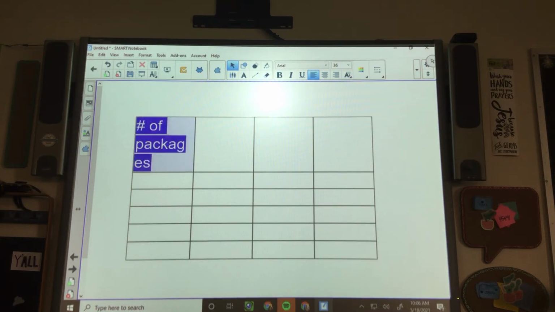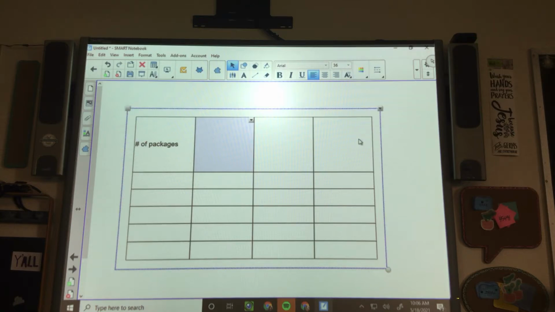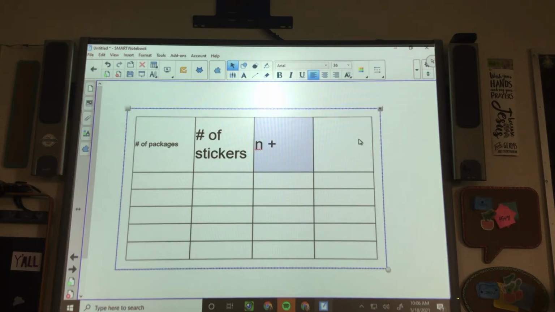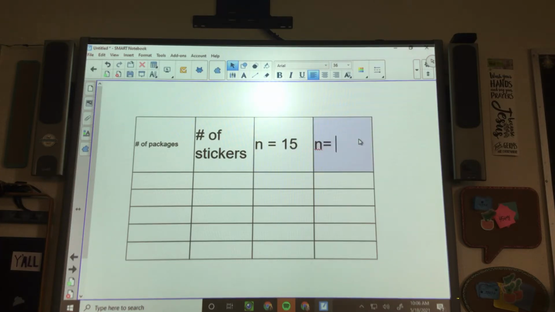First, let's make it 16. Now we're going to need to make all of them 16 one at a time. Okay, number of stickers. N equals 15 for this one. And the next one, N equals 20.